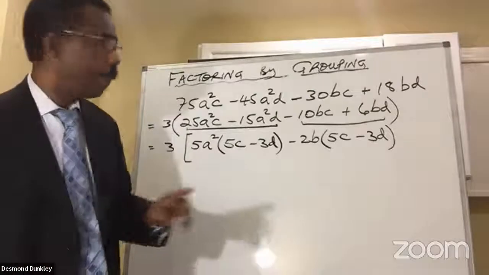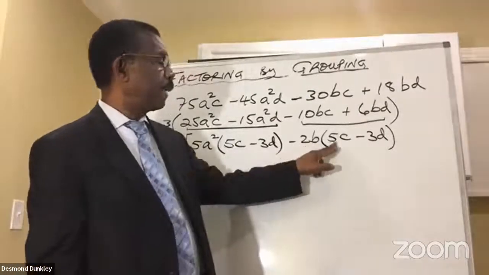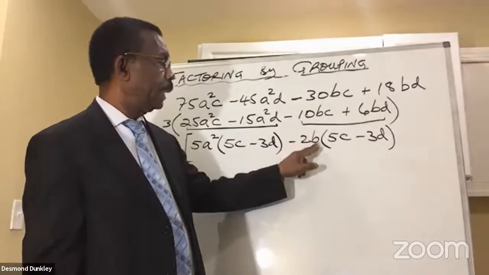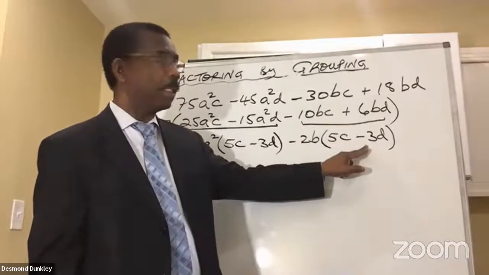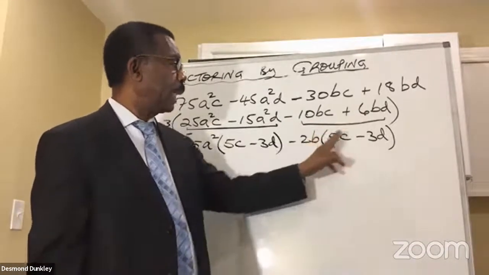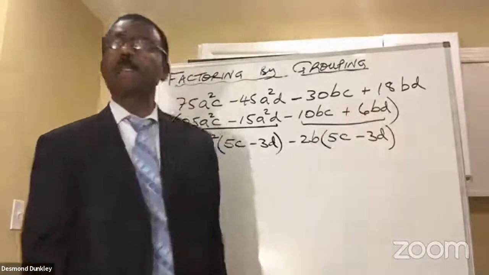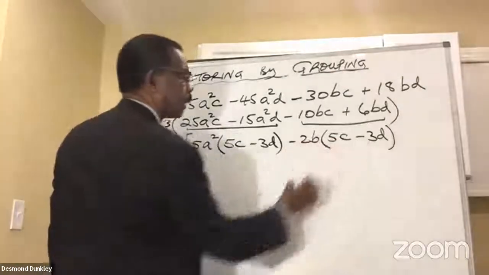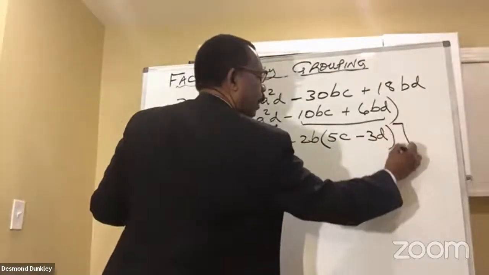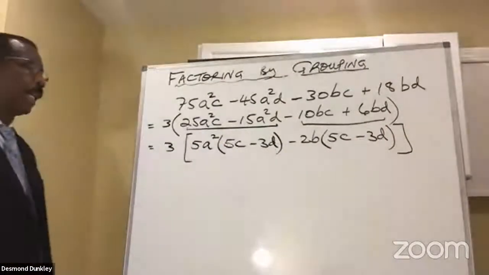Let's double check. -2 times 5 is -10. b times c, bc. -2 times -3 is +6. b times d, bd. So it's fine. And then, of course, we see this and this, they are common. So if we start with a square bracket, we end with a square bracket.